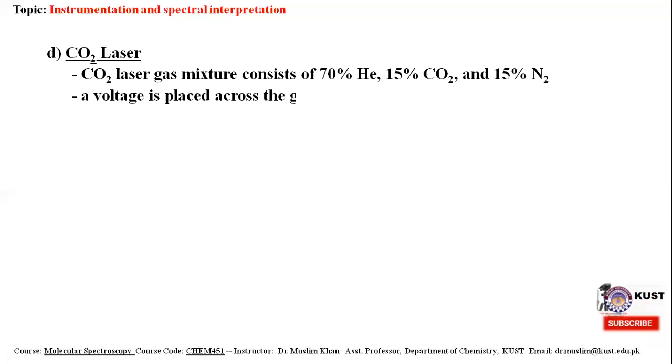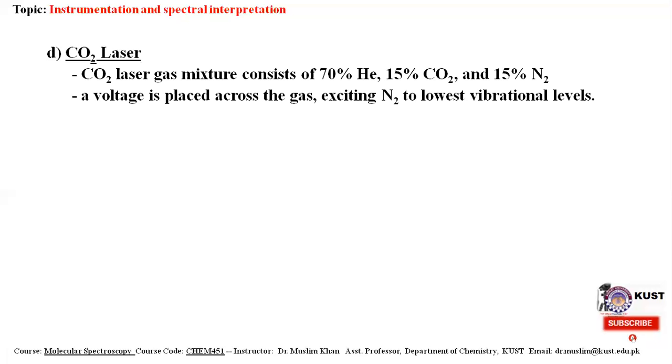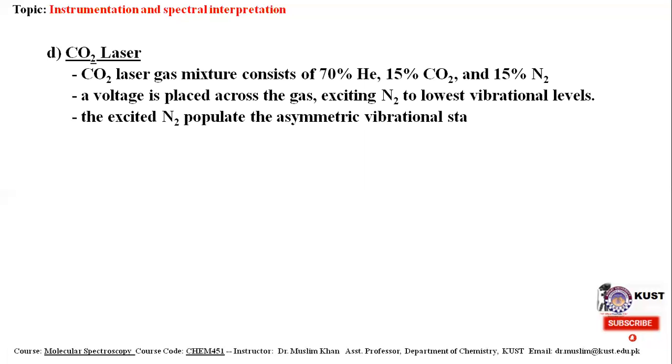A voltage is placed across the gas, exciting nitrogen to its lowest vibrational level. The excited nitrogen populates the asymmetric vibrational state in carbon dioxide through collision.